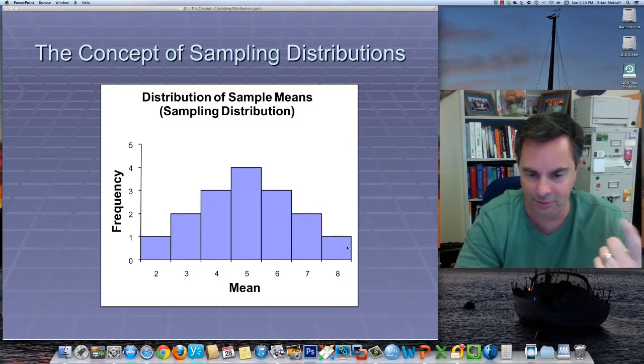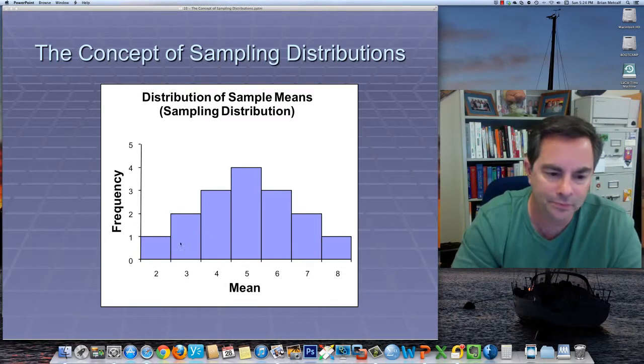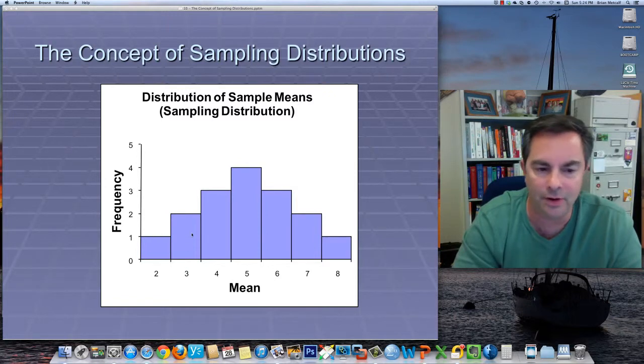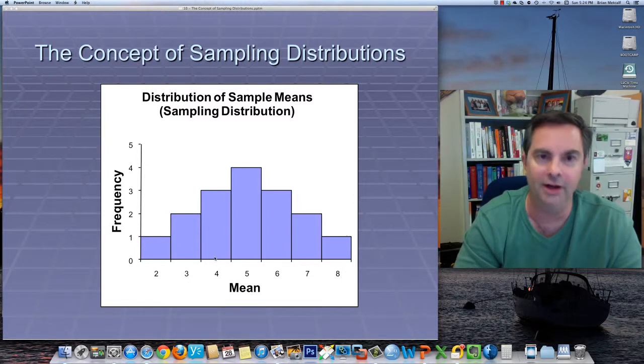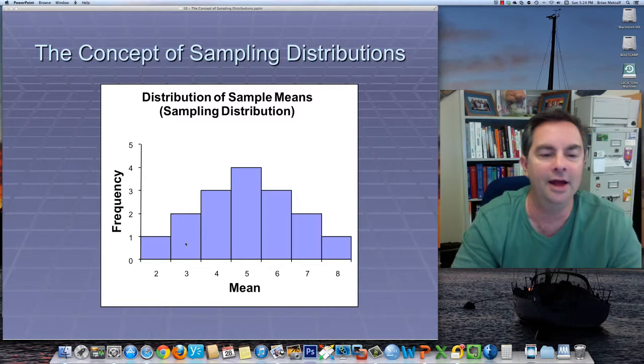But for a mean of 3, there were a couple of ways. I could get the 2 and the 4, or I could get the 4 and then the 2. Both of those gave me means of 3. So there are 2 unique ways to get a mean of 3, and so on.